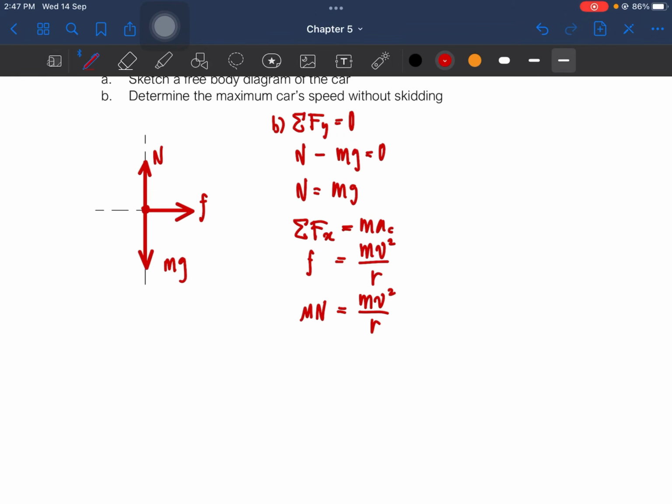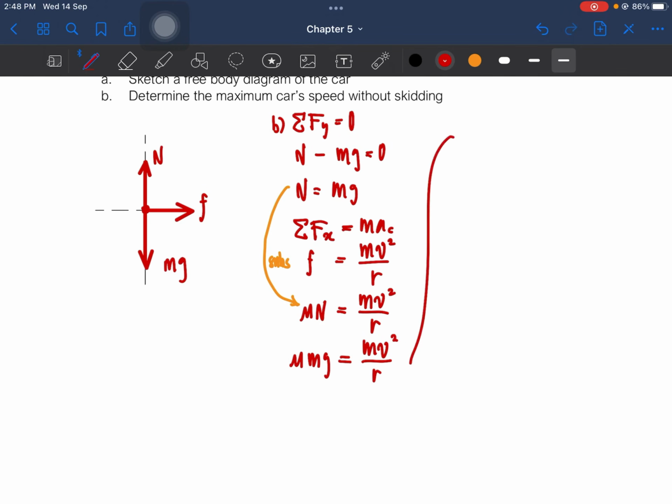So we need to find v here. Okay, so what is the value of N? We need to substitute that into here. So you will get mu mg equal to mv square over r.